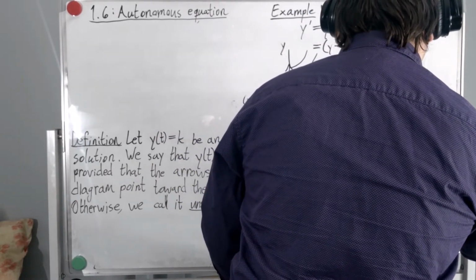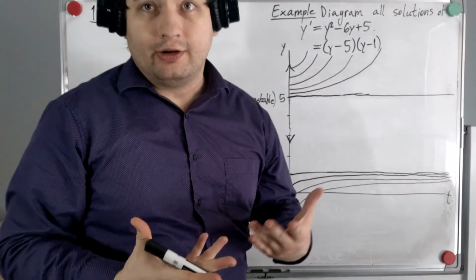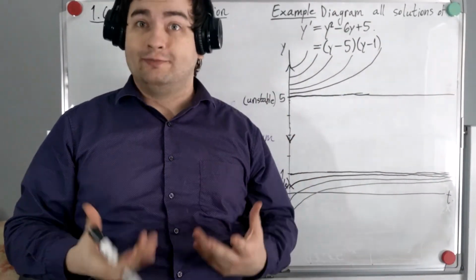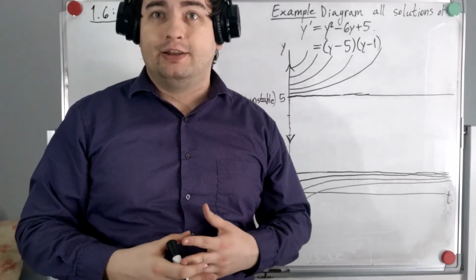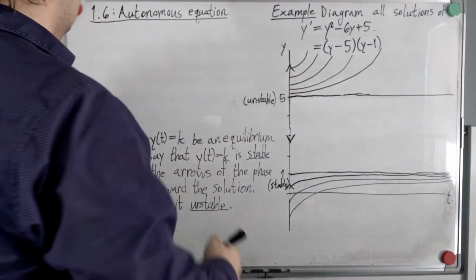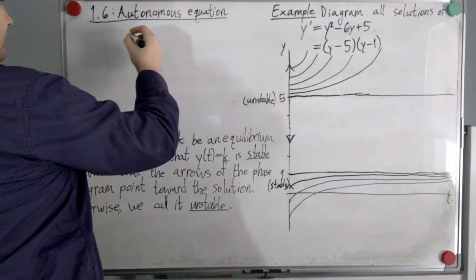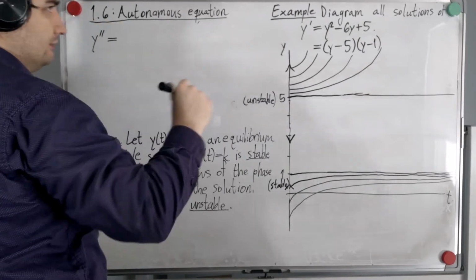So to look at the concavity of the curves, we just need to do it the same way we did in calculus 1. You take the second derivative and figure out where it's positive and negative. So we'll take the second derivative of y. That's going to be y prime prime.